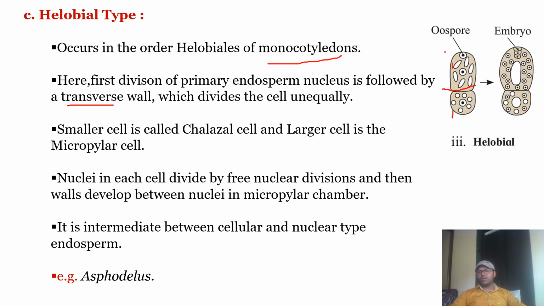Now the nuclei in each cell divide. The same thing is here in this larger cell. You can see the nuclear division here, and also the nuclear division in the smaller cell. So such type of endosperm is called the helobial type of endosperm, as found in Eremurus.